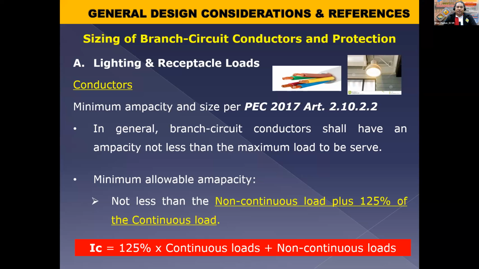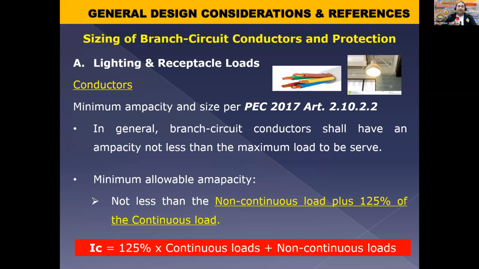Meaning, other loads that do not operate under those conditions are considered non-continuous. So we no longer multiply by a factor of 125%. We can take the duty as 100%. The 125% is an allowance.